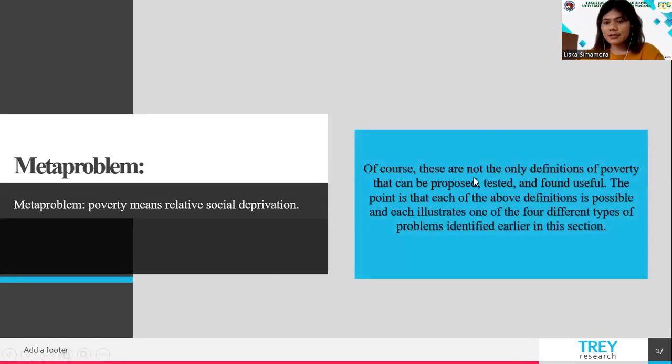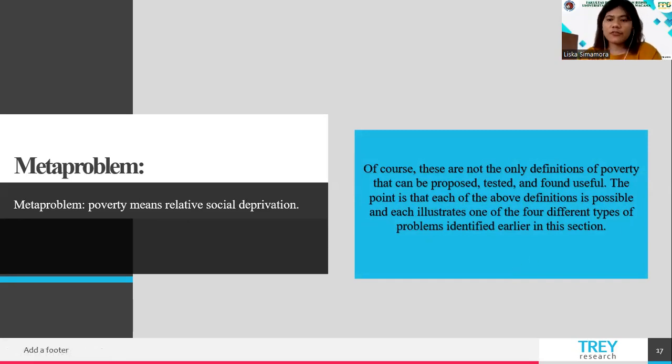Of course, these are not the only definitions of poverty. We are also allowed to define poverty by our own style, right? The point is that each of the above definitions is possible, and each illustrates one of the four different types of problems identified earlier in the session.